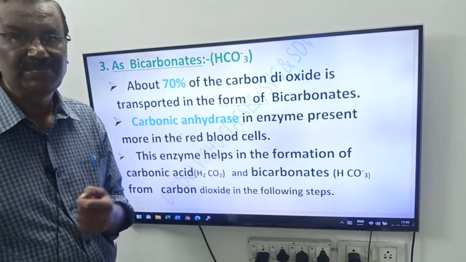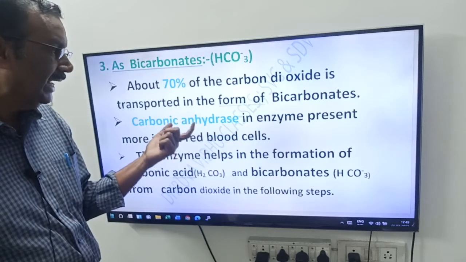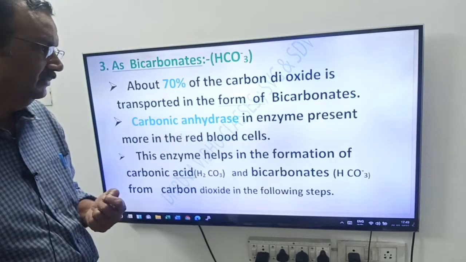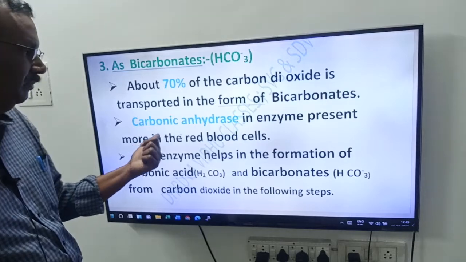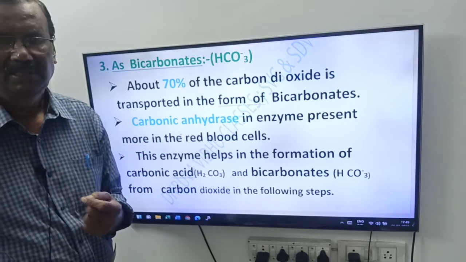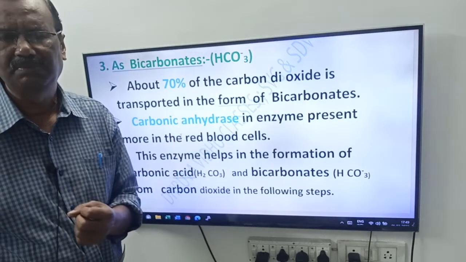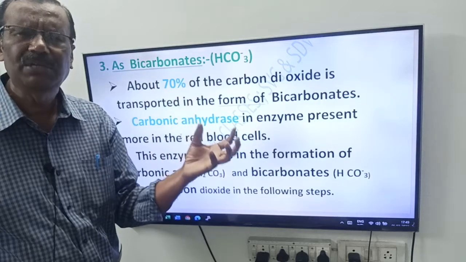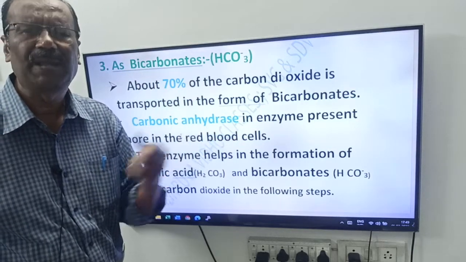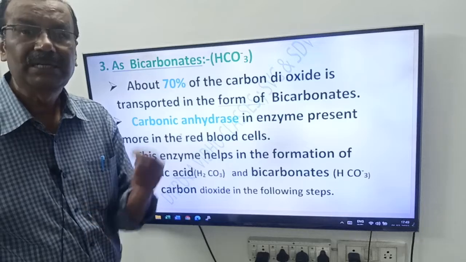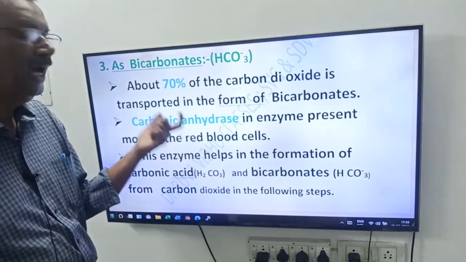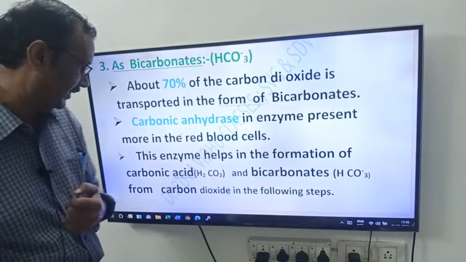Friends, carbonic anhydrase is an enzyme present more in the red blood cells. It is present in the plasma also, but a very little amount of carbonic anhydrase is present in the plasma. But red blood cells have more carbonic anhydrase.